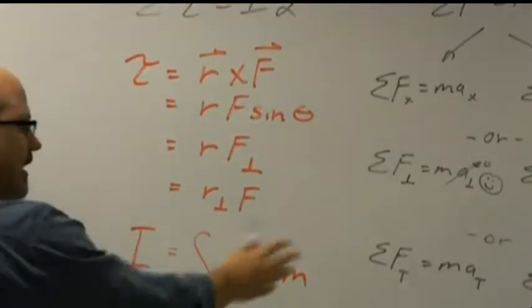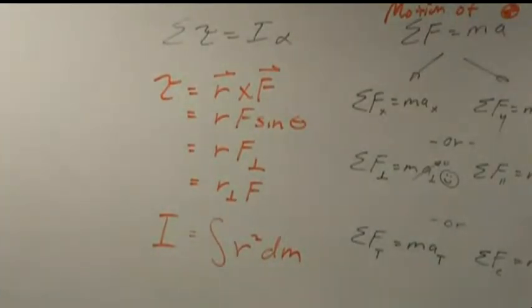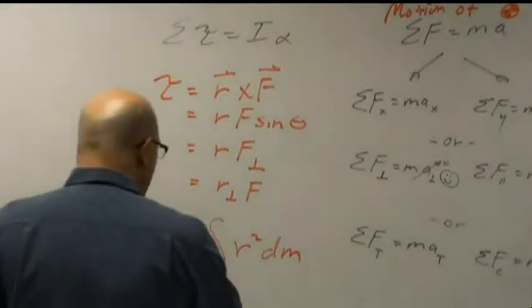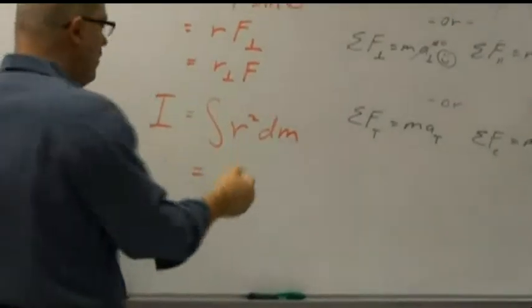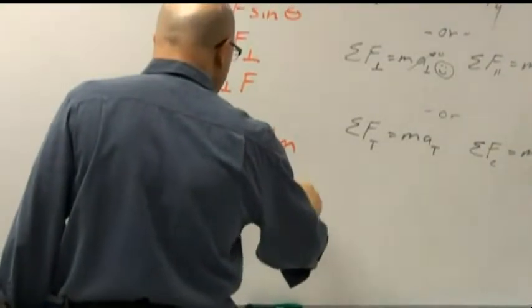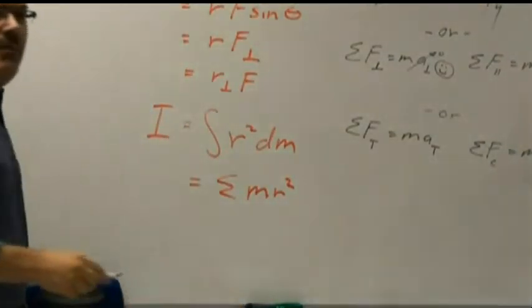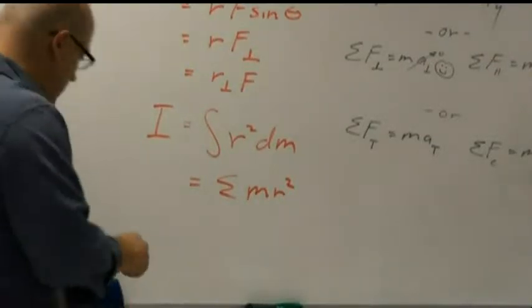So we either have to calculate it this way if it's a continuous shape, or if it's a lumpy shape where there's discrete pieces of mass located certain places, then it's the sum of the m r squareds. Or you can memorize certain shapes, and these are the shapes you must memorize.